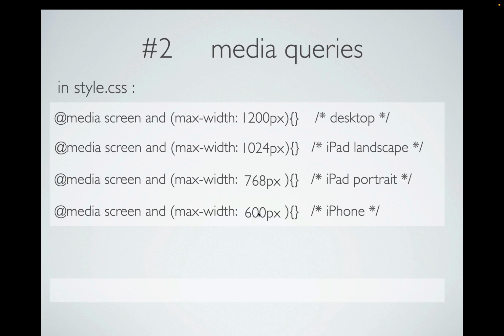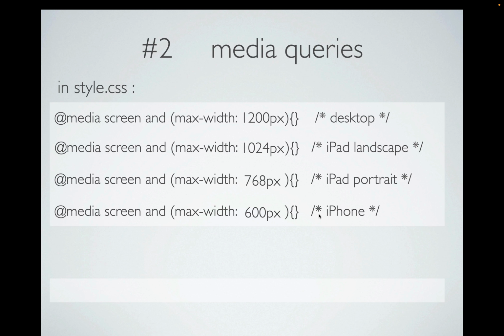Max width of 600 pixels, it's iPhone. This is why last time, with the new syntax, did you see me draw it? You can actually just do it like math and say width is less than 768 pixels. And I think if you just have one thing, you don't even need the parentheses, but I'm not sure.